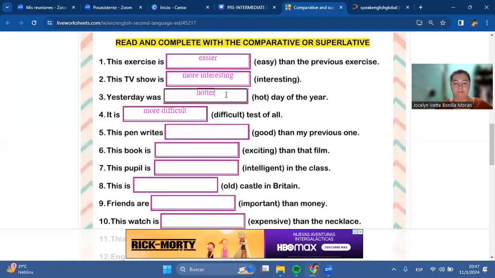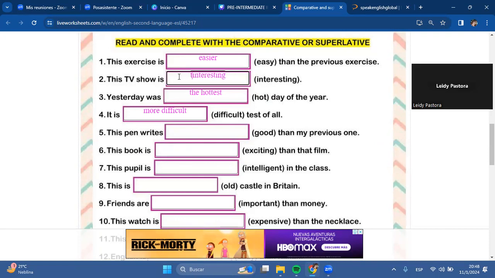Teacher, what about this one, hotter? The hottest. Okay, yes, the hottest. This TV show is more interesting. The most interesting. Okay, yesterday was the hottest day of the year.